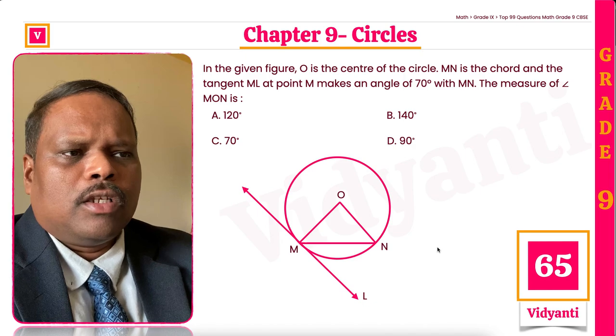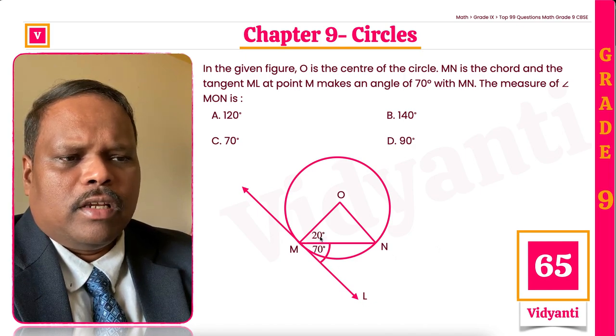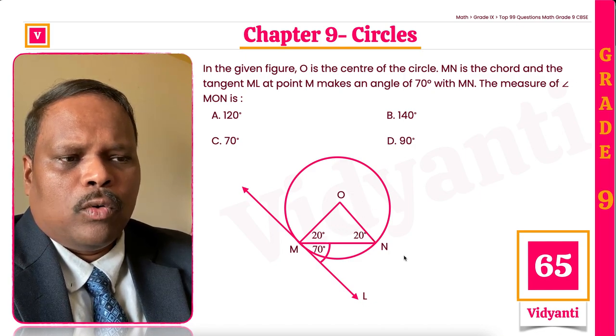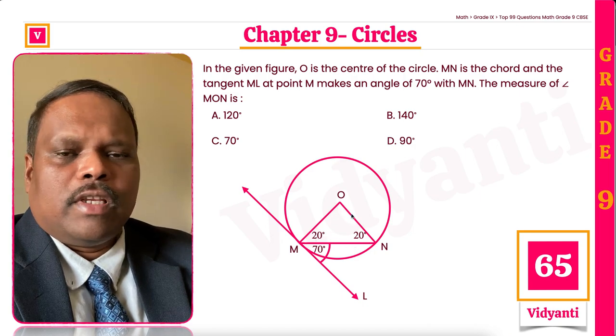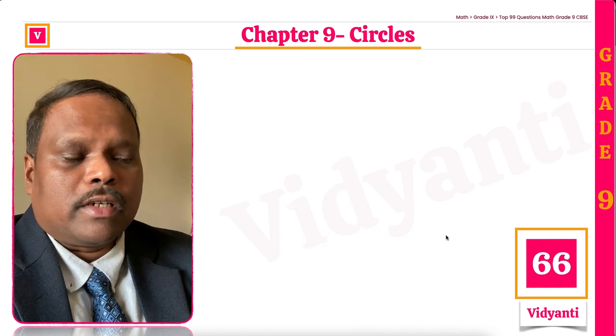So now this is 70, so that means this is 20. If this is 20, then this is also 20 because this is an isosceles triangle. OM, ON both are radii. So in the triangle everything adds up to 180, so that will be 140 degrees. So option B is the correct answer.